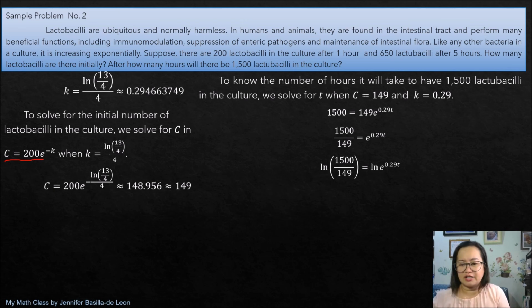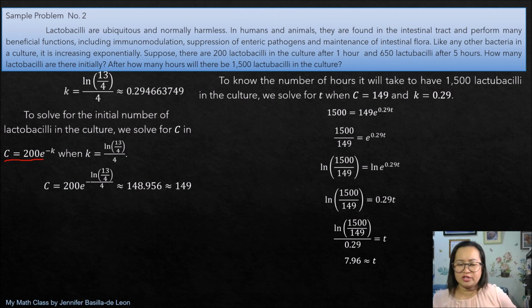Now getting ln on both sides, we will have ln of 1,500/149 equals 0.29t. Now simplifying further, t will be 7.96. So we were able to answer now all the questions in the problem.